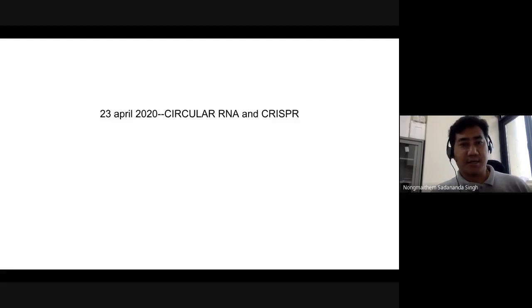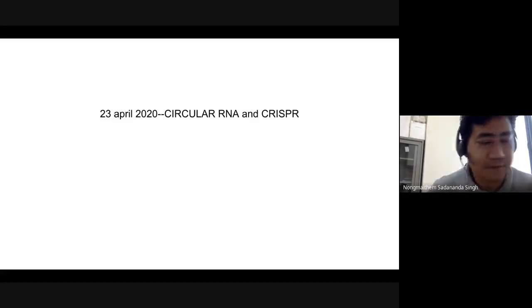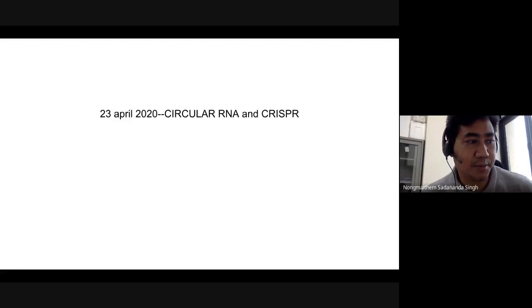Circular RNA is not so long ago which has come in. CRISPR came in only in 2011, I think. So they are very novel types of RNAs which are very hot in research right now.